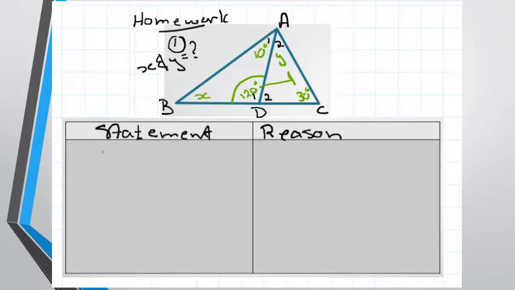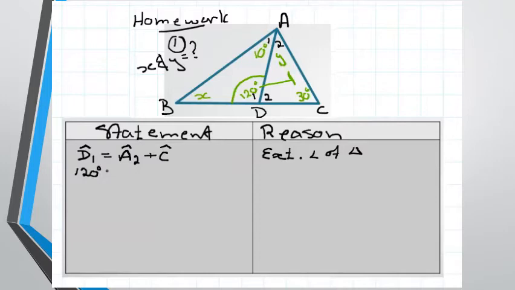So I'm going to make the statement by saying that angle D1 equals angle A2 plus angle C. And my reason for that, of course, is exterior angle of a triangle.